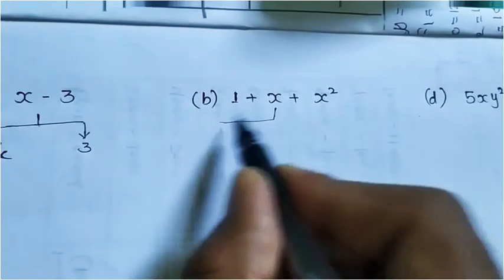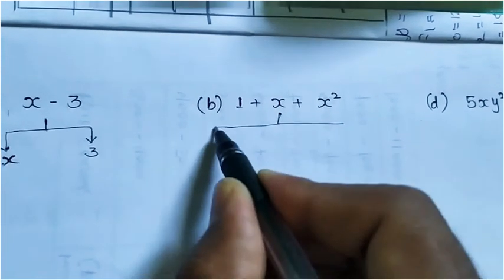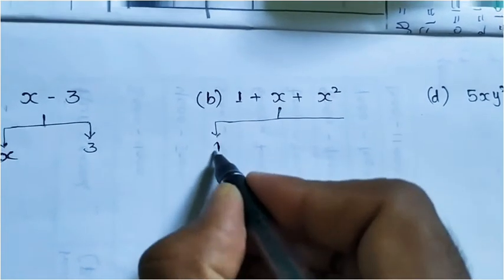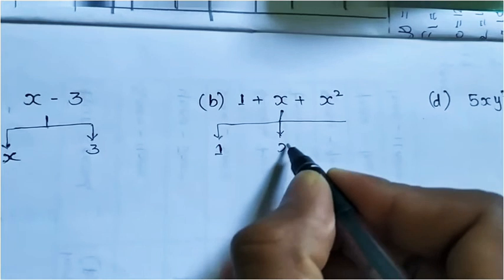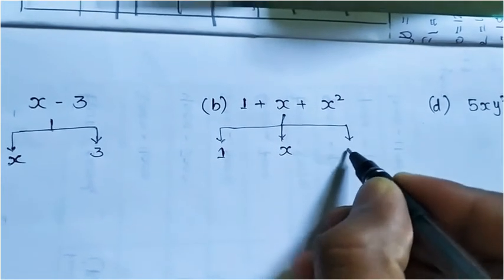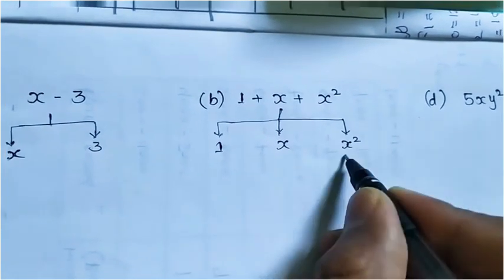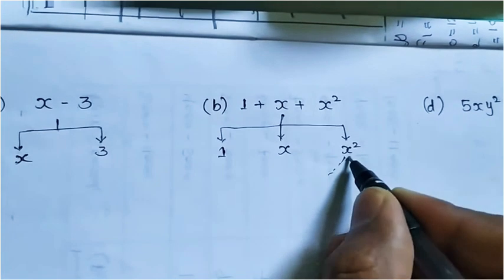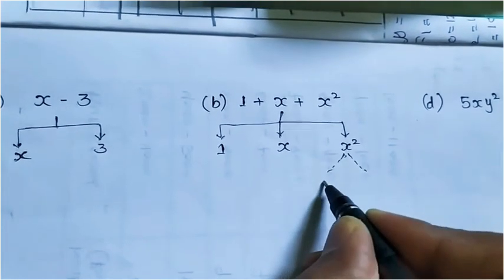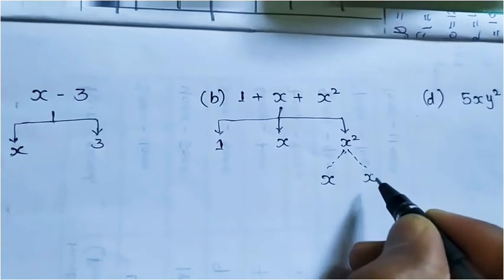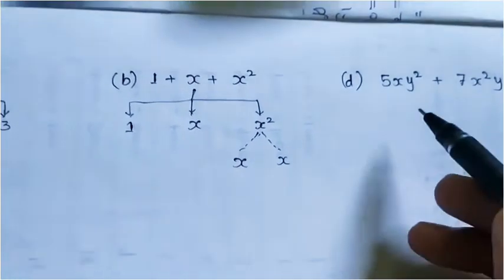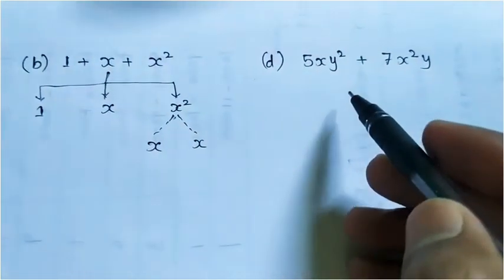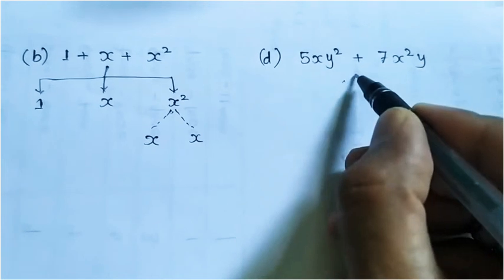Next one has a total of 3 terms: 1, x, and x square. The x square has two factors, x into x.